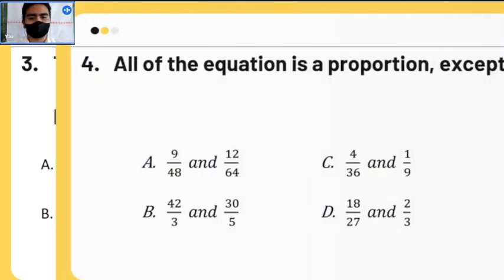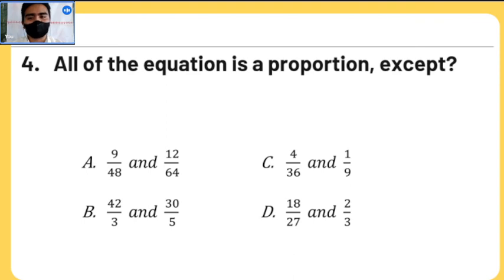Next, number 4. All of the equations are a proportion except A, 9 over 48 and 12 over 64. B, 42 over 3 and 30 over 5. C, 4 over 36 and 1 over 9. D, 18 over 27 and 2 over 3.